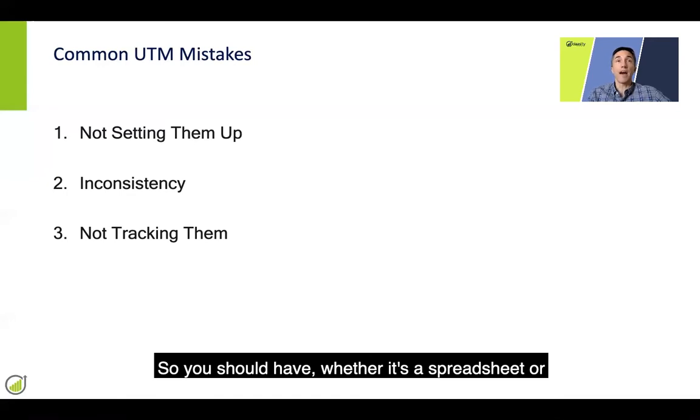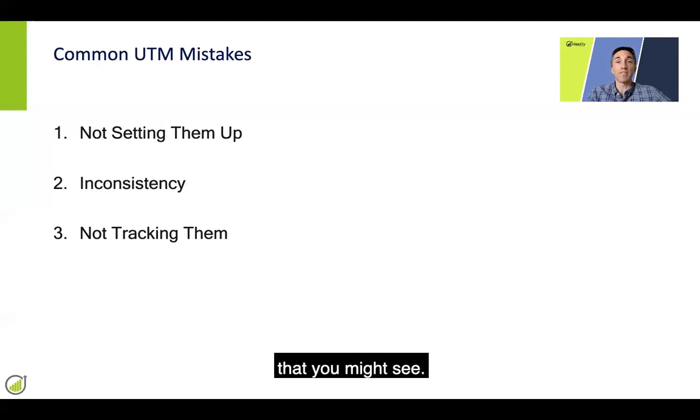So you should have, whether it's a spreadsheet or a table in a database somewhere that can be easily accessed by your marketing people, so they can see, oh, when I set up a UTM for a Google ad, the source that we're using is Google, all lowercase letters. In this way, this makes it much easier and eliminates some of the time-consuming nature of setting up UTM parameters, and it eliminates some of those inconsistencies that you might see.